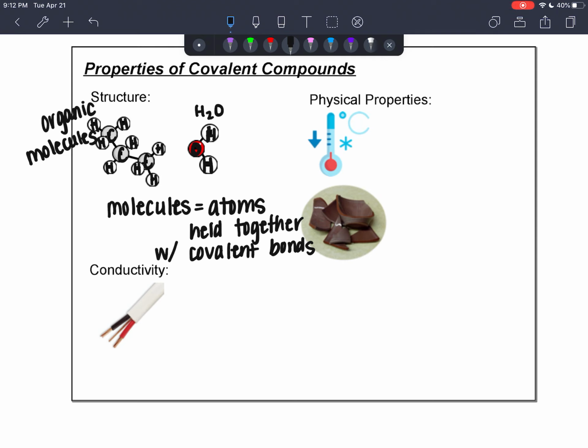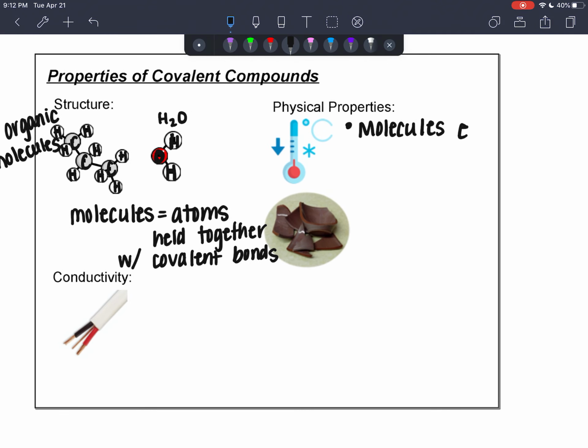Now, covalent bonds are not easy to break, but molecules are easy to separate. It's very easy for me to take one molecule and separate it from another molecule because they're not bonded together.